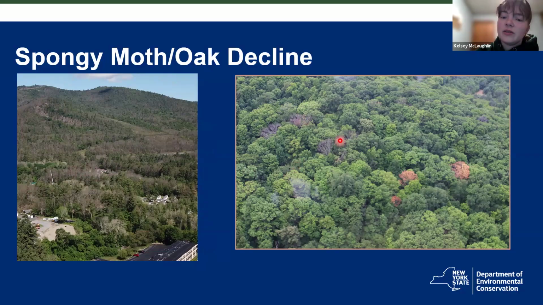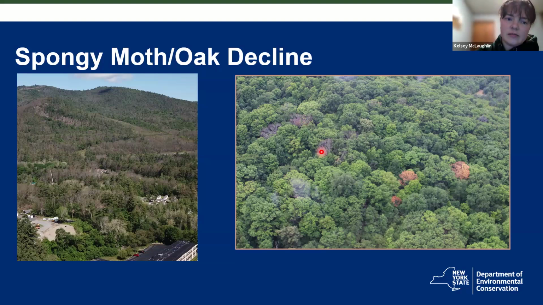But when we started doing our oak wilt surveys in the subsequent years, we started picking up these oaks that were totally orange, these oaks that were totally dead. And we recognized that we had essentially an oak decline incident on our hands here.